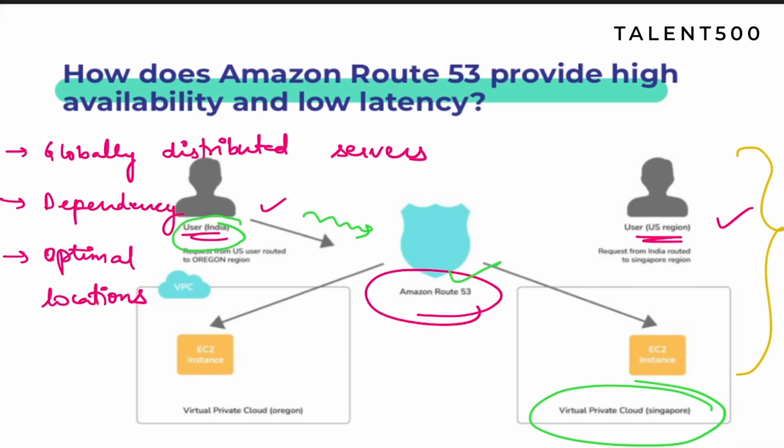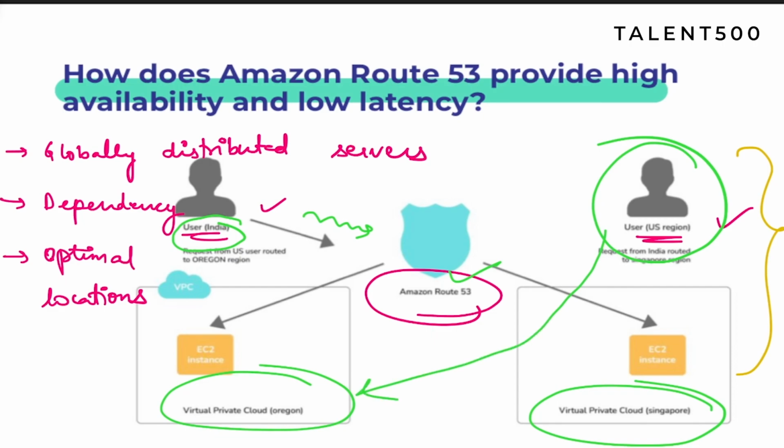The request coming from a user in India is getting served from the Singapore server. Although we have it here as well, the request is getting served from Singapore. And we also have another user at the US location, whose request is getting redirected to Oregon. So that is how it is going to work.